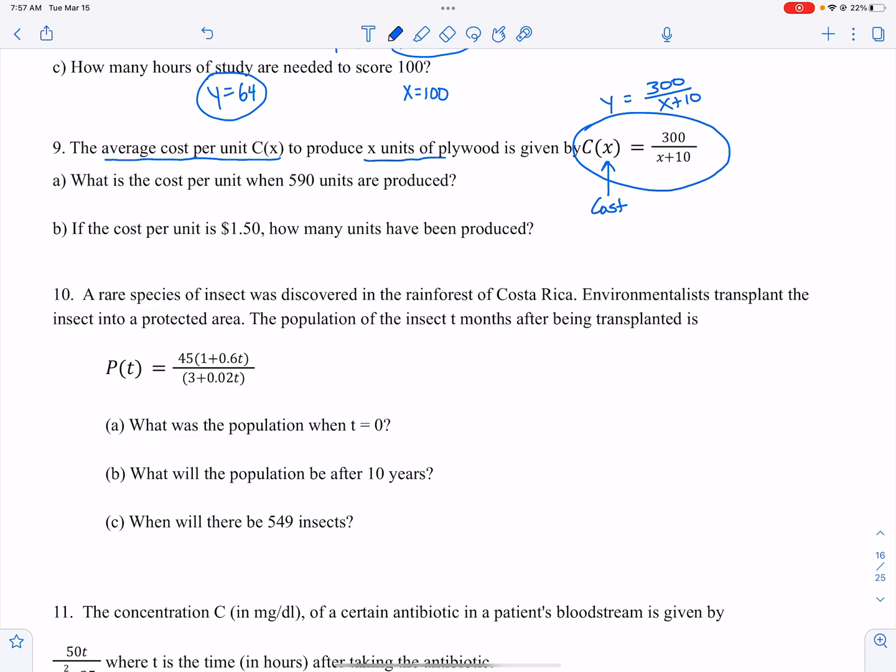And x is the number of units of plywood. And then use that information just like I did on the first one. Rewind and watch it again if you need to. And these work very similar. You're just plugging in an x to figure out the y, or you're plugging in the y to figure out the x after you type the function into Desmos. All right, so I hope that helps you guys get started today.